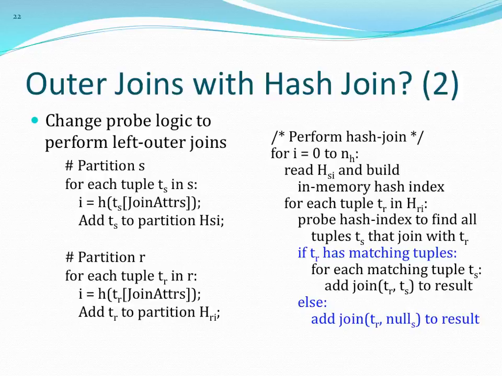There's a simple little trick, a little change I can make that will allow me to do right outer joins with this technique. How do I know when I need to generate a right outer join tuple? Like, how would I know that a tuple in HSI needs to be output as a right outer join? Well, HSI is already in memory, so it's in there.